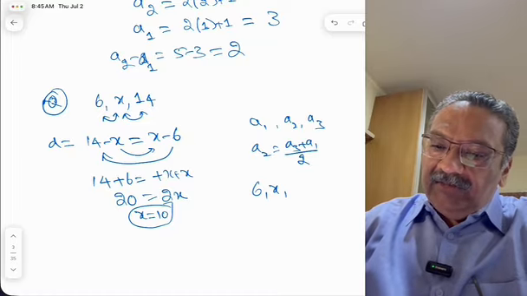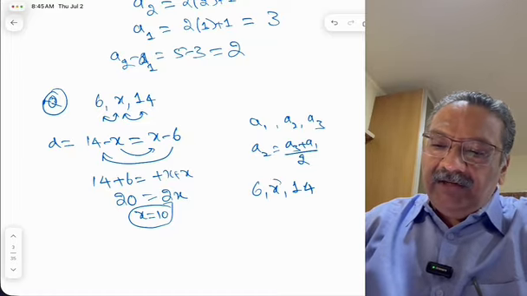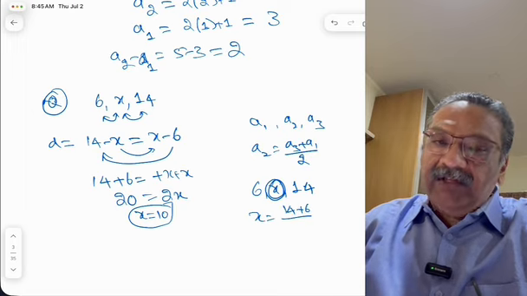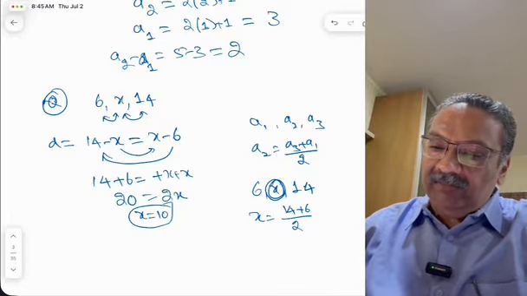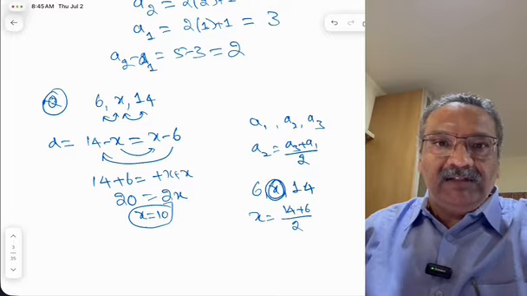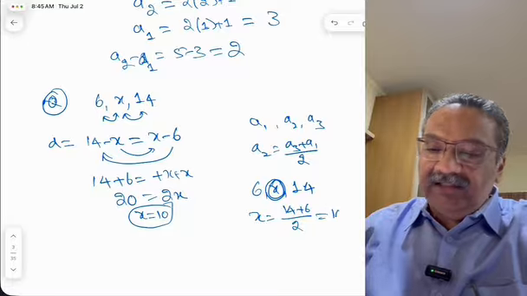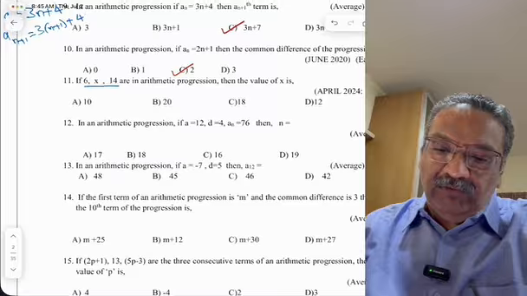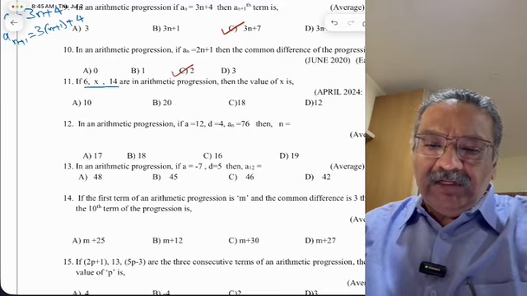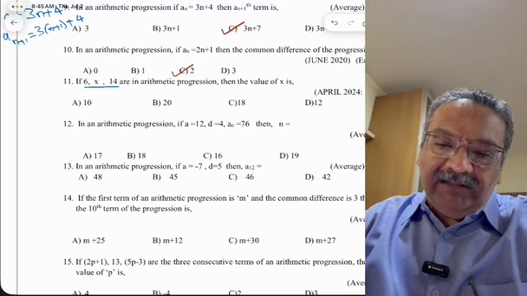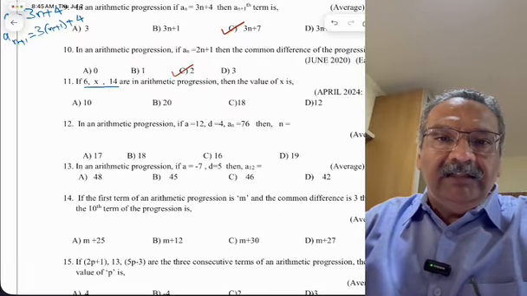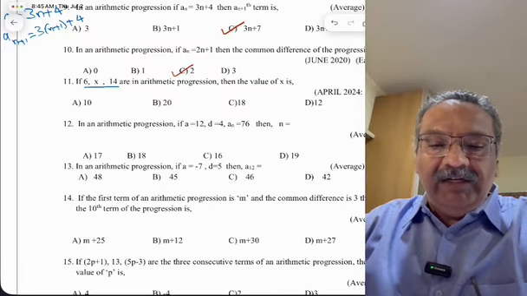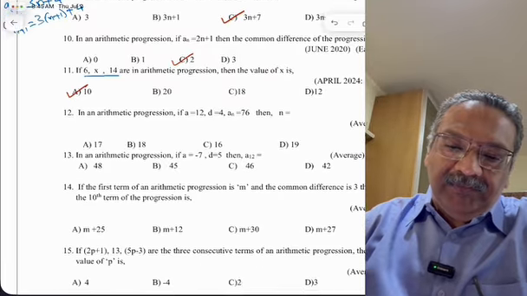So here we have three terms, 6, x and 14. The middle term x will be the average of the next term and the previous term. So next term is 14, previous term is 6. The average of 14 and 6 is 10. So x will be 10. This is the faster way of looking at it. Without writing, you can directly say, 6, x, 14 are in AP, then the value of x is the average of 14 and 6. So 14 plus 6 is 20, 20 divided by 2 is 10.